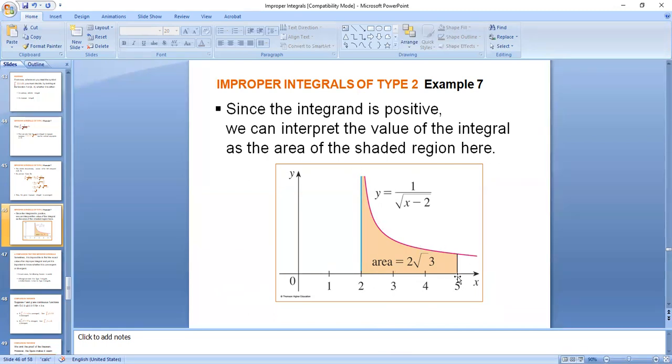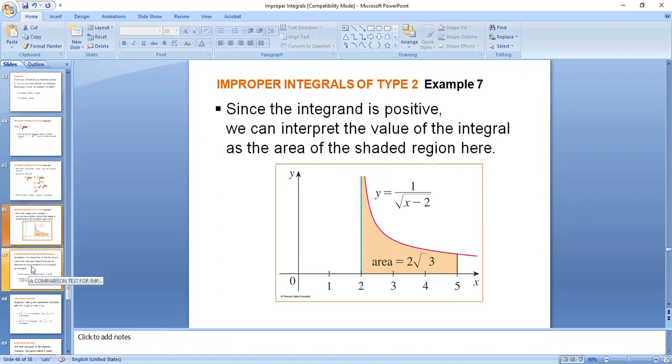This is your upper limit 5 and this is your lower limit 2, which is being approached from the right side. So the interpretation is that the area under the curve is 2 square root of 3. The curve, what? This is also what we call the integrand, the function after the integral sign.